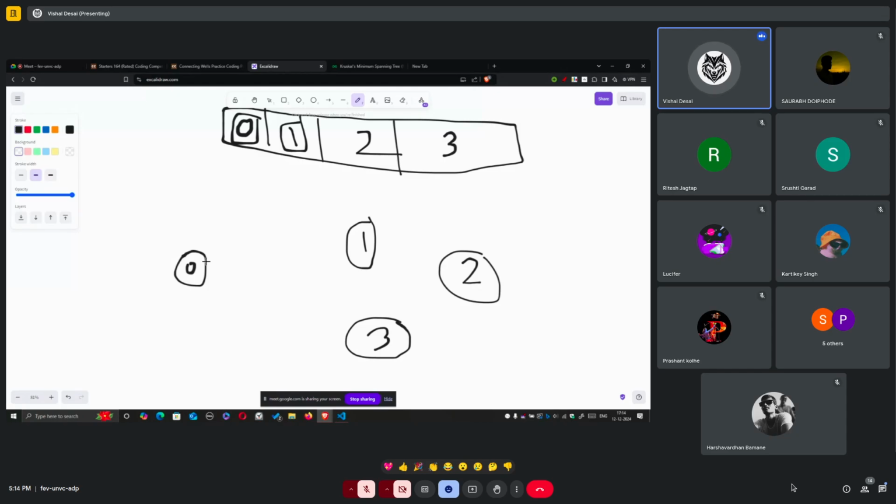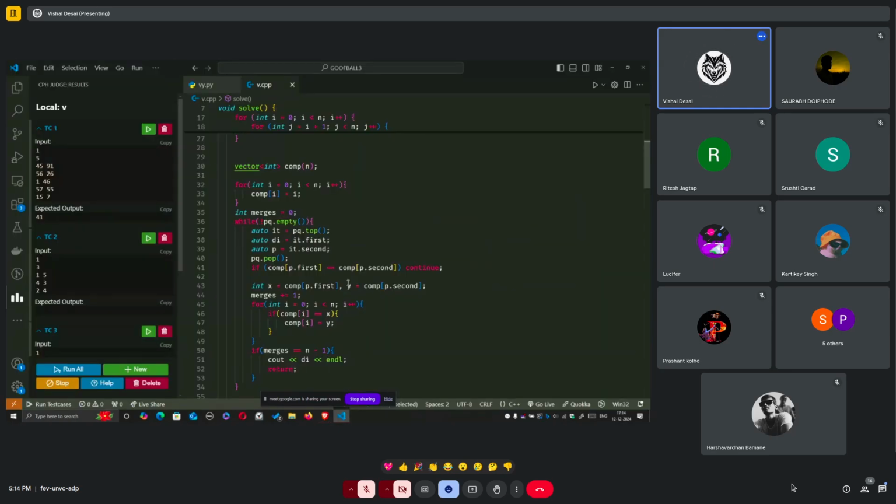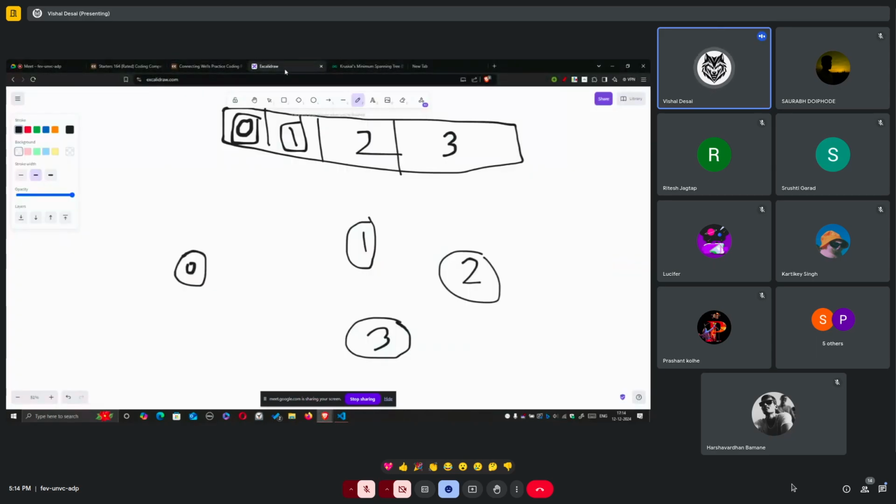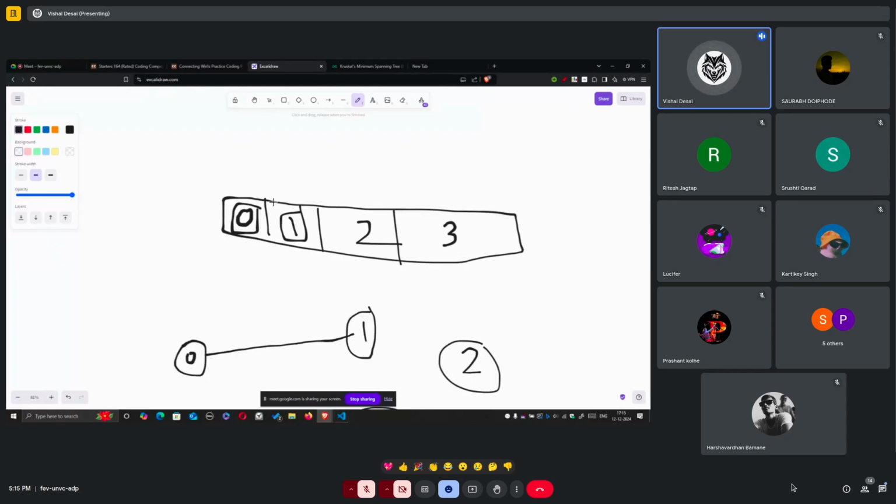Then what I do is I will pop the minimum distance, which will be at the top. Let's say 1 and 0 get connected. So here I will just simply update this to 1.